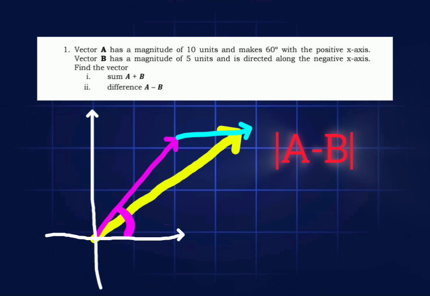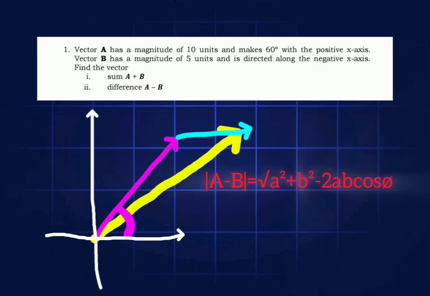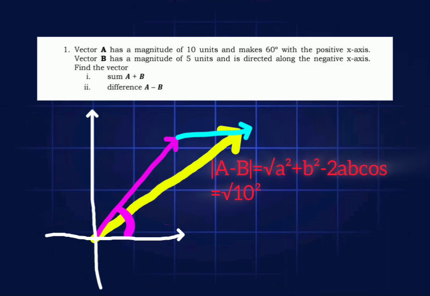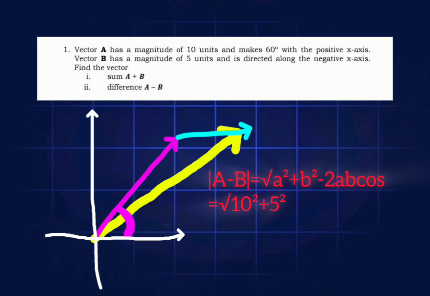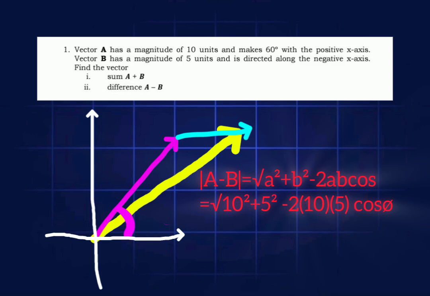So for the magnitude of A minus B, we use the cosine rule, just as we did for A plus B, and that's going to give us 10 squared plus 5 squared, and then minus 10 times 5. Now wait, hold up. Remember, we got these two lengths, this 10 and this 5. So we need to find the angle in between those two.